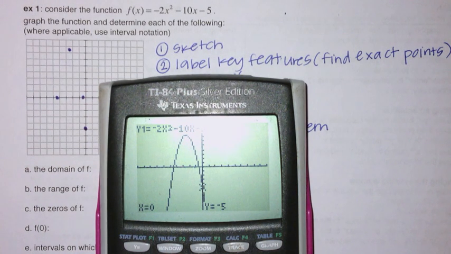The other way that you can do that is, if I just hit graph, just to get out of that, you can hit trace, and you can scroll around during trace and it traces your graph. But if you want a specific x value, you don't have to do anything but hit that x value. So I just hit 0.